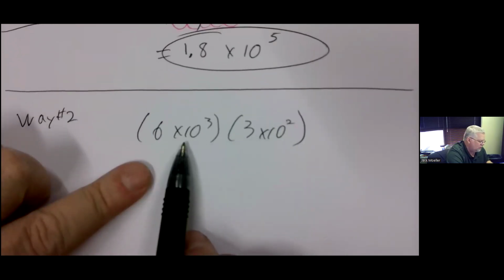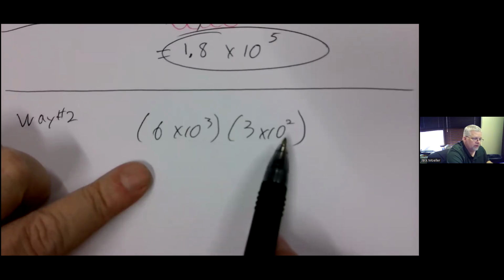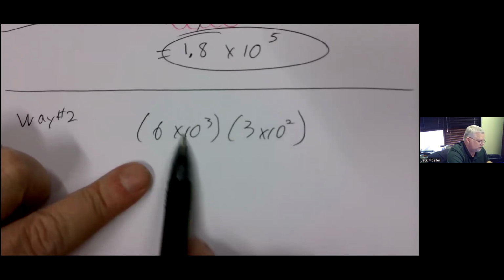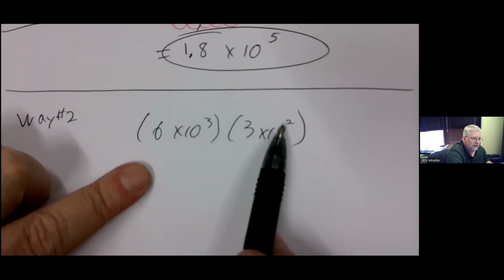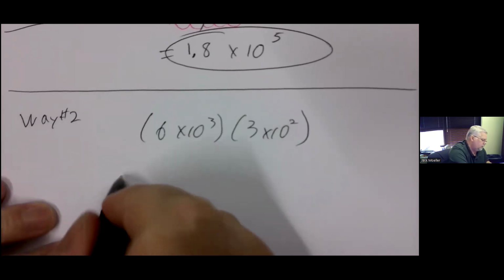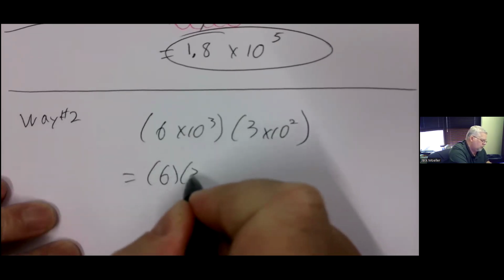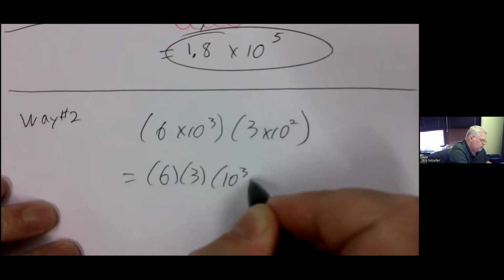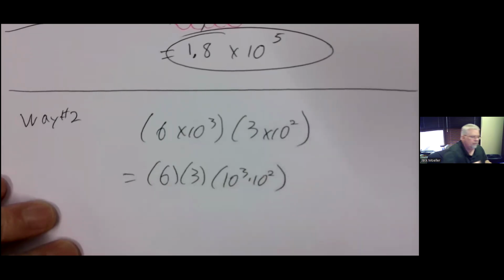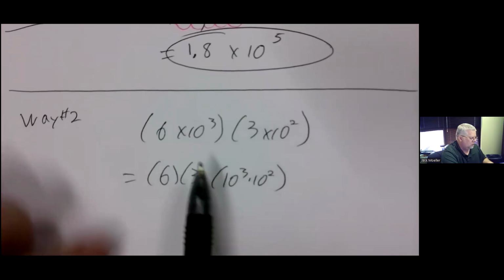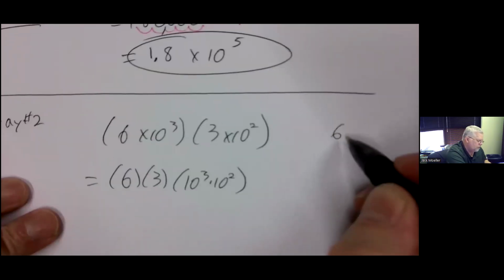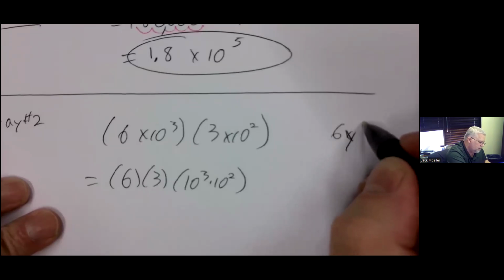When you have 6 times 10 to the third, 3 times 10 to the second, those tens are bases just like x's. So you could really do the 6 times the 3, and 10 to the third times 10 to the second. This is sort of equivalent to 6y to the third times 3y squared. I use y so the x's don't get mixed up.